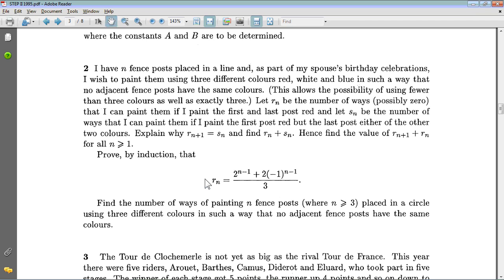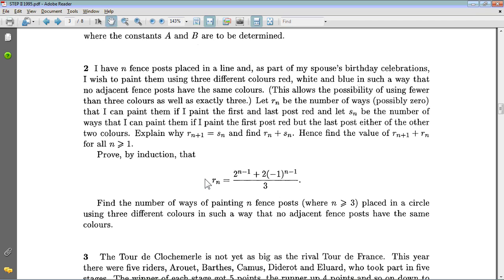So, just briefly reading through the question again, we have n fence posts in a line. They are allowed to be red, white or blue, and the main rule is that no adjacent fence would have the same colour.